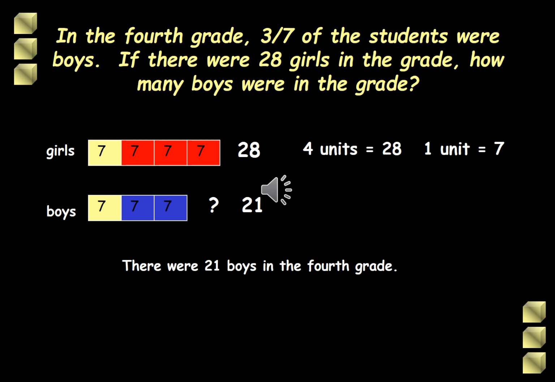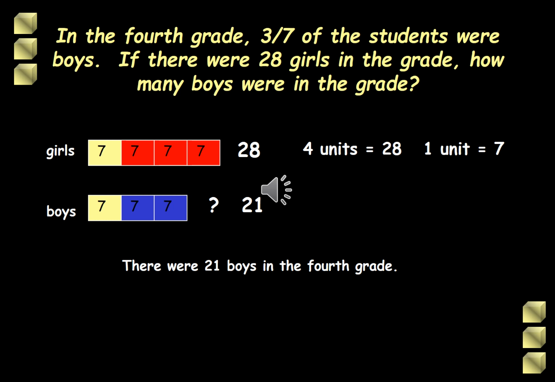Now we can draw a bar model or two bar models to represent these relationships. So hence we have a shorter bar model for the number of boys and a longer one for the number of girls.